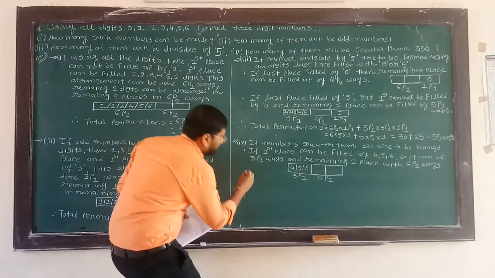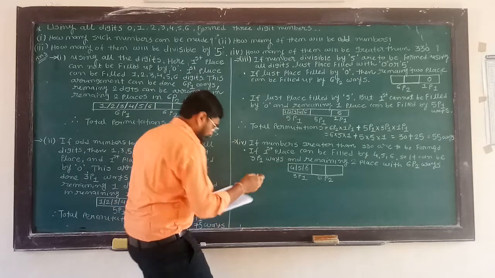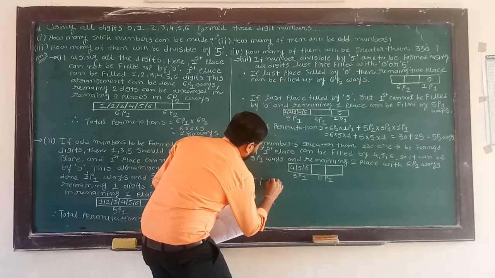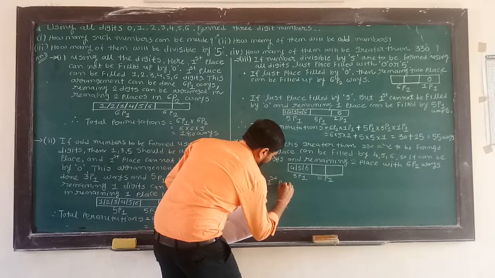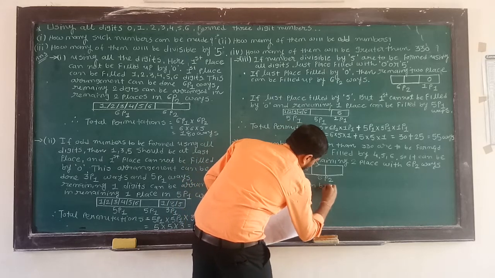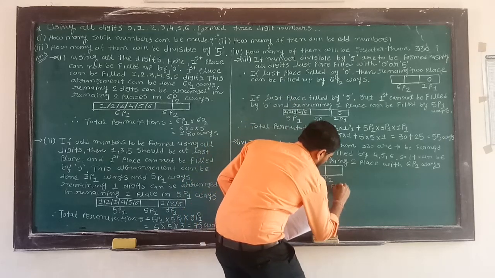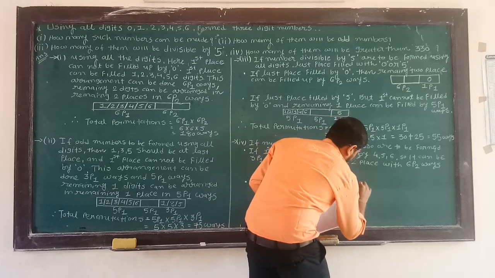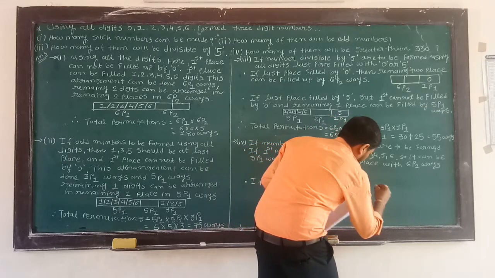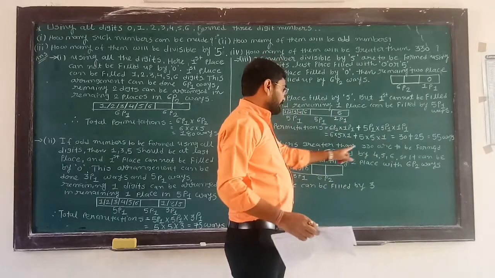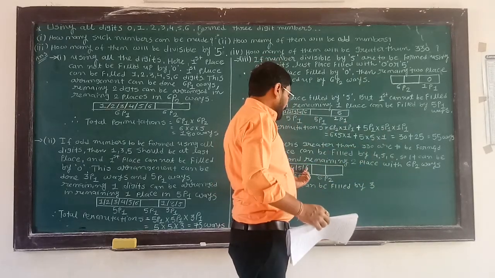Now option number 2, if the first place can be filled by 3. See the students, here we use 4, 5 and 6 in the second class.